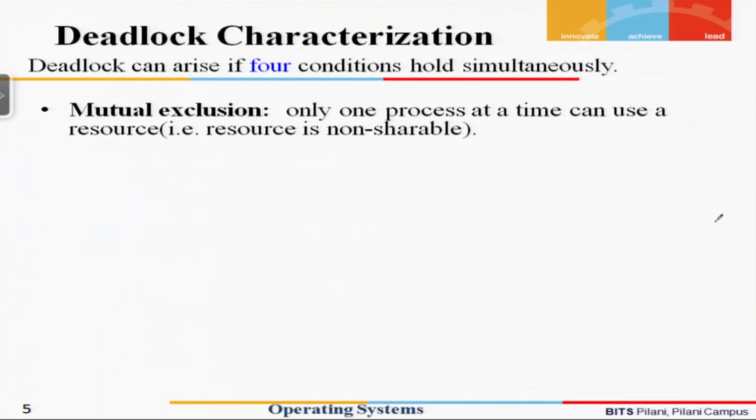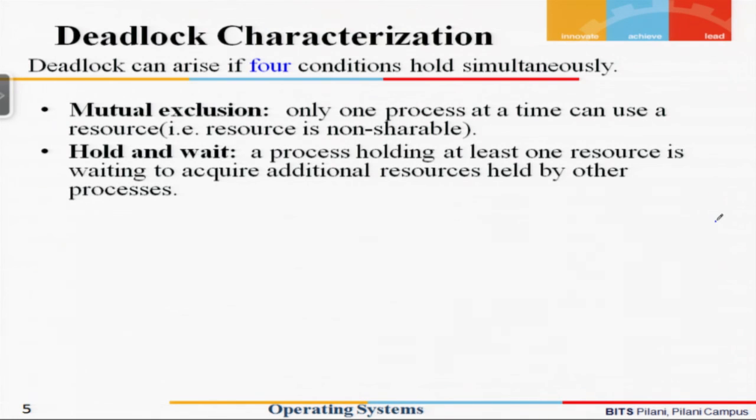If the resource is shareable, then mutual exclusion is not required. So, in general, whenever processes are trying to simultaneously access non-shareable resources, the problem of process synchronization occurs, and for the deadlock to occur, mutual exclusion is one of the conditions.